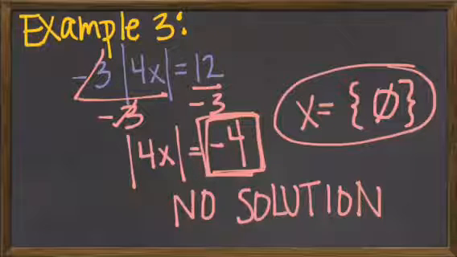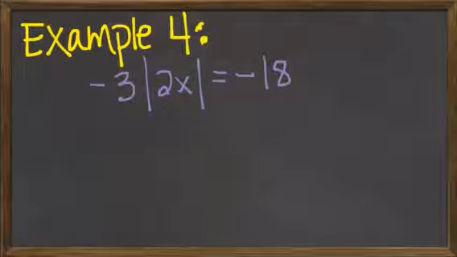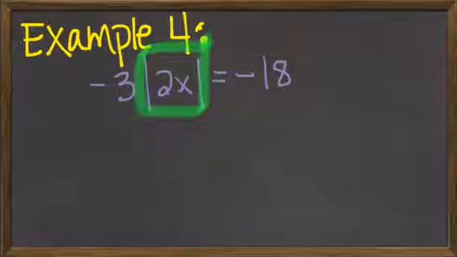Okay, so we'll do another one where you have to get the absolute value by itself and then solve it twice. Let's see an example like that. In this example, we have negative 3 times the absolute value of 2x equals negative 18. We need to get the absolute value by itself first.